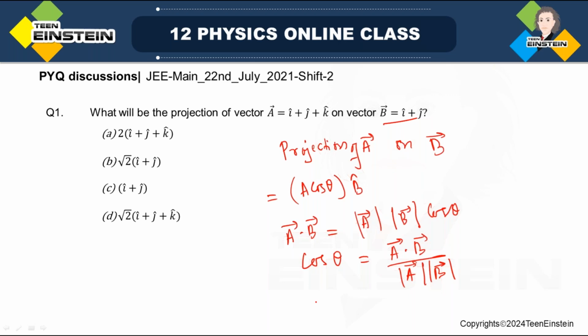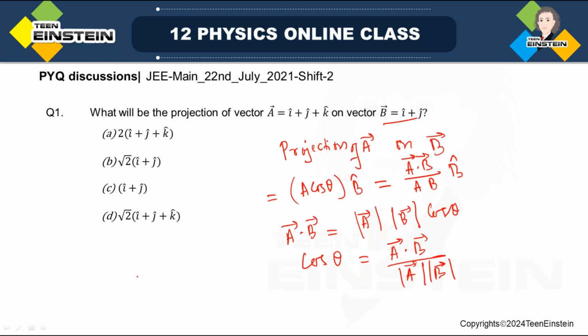So if we put this in this answer, so we will get A dot B divided by A B modulus, and this is B cap, okay?